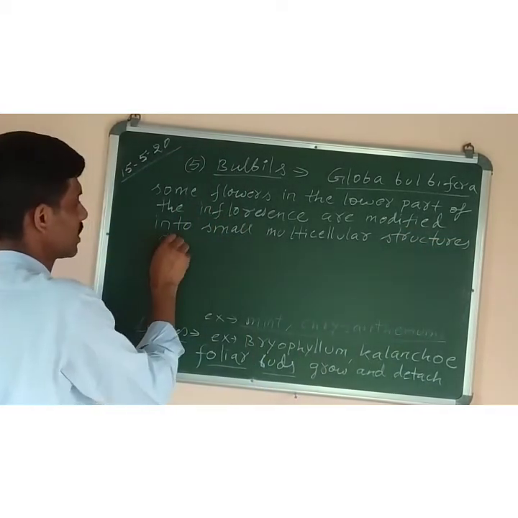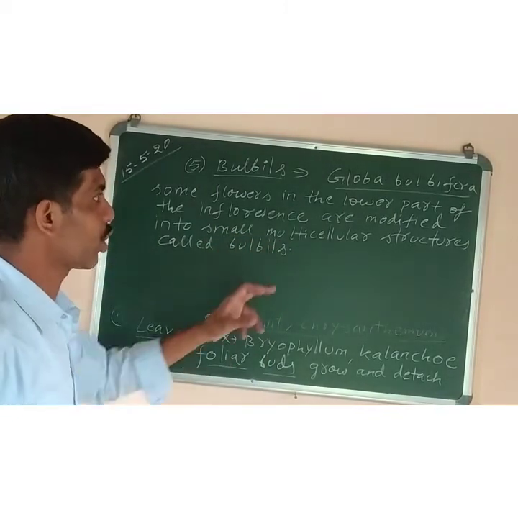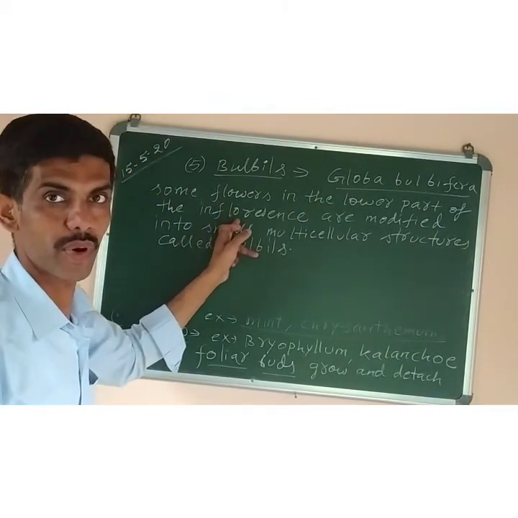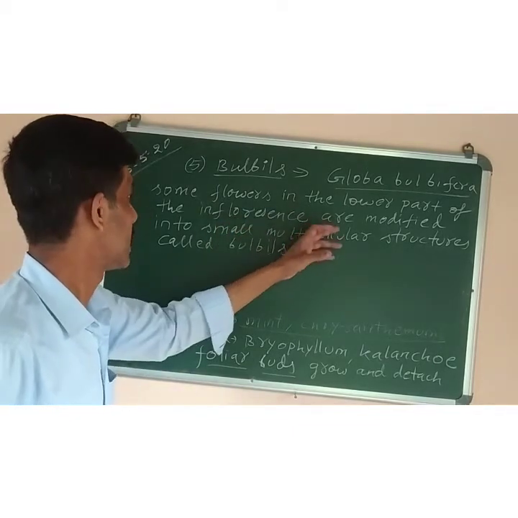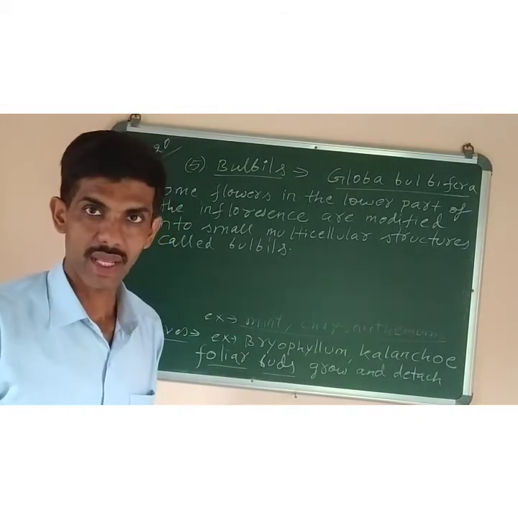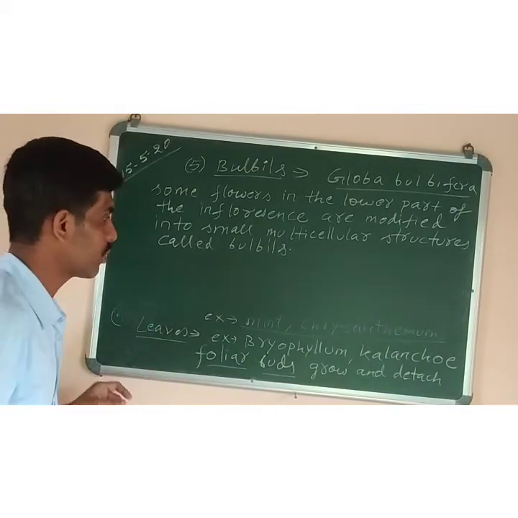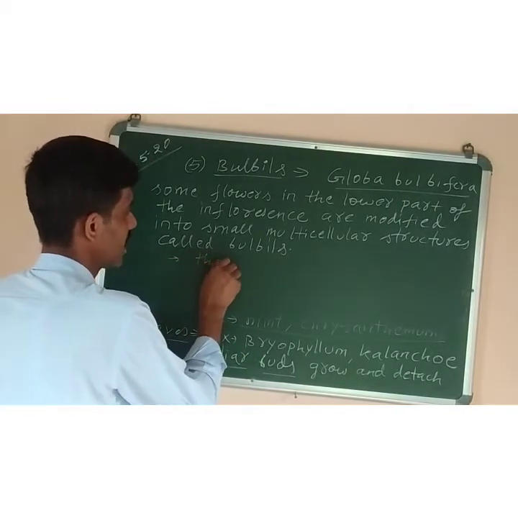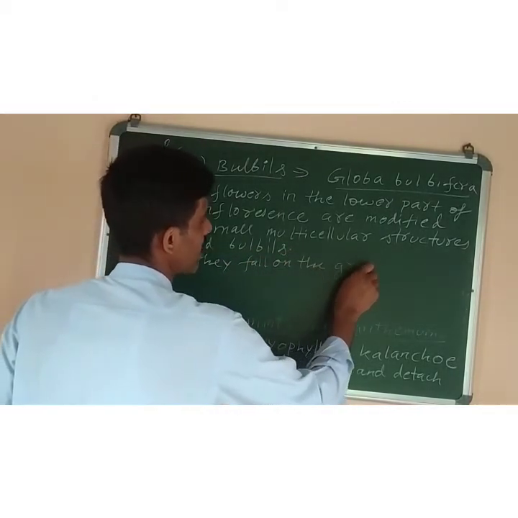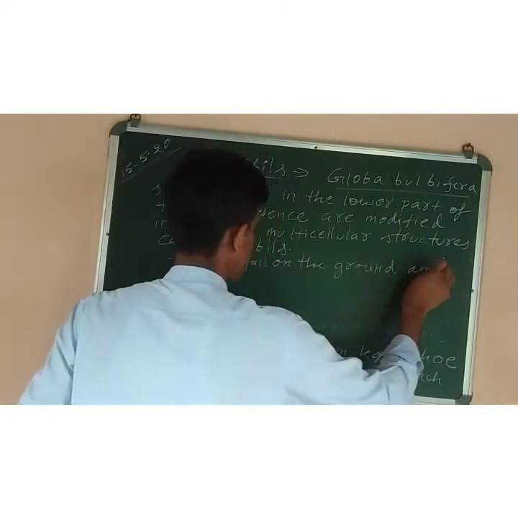Inflorescence is a group of flowers. They are changed into small multicellular structures, and these structures are called bulbils, and they can grow into a new plant. These bulbils will fall on the ground and germinate and grow into a new plant.